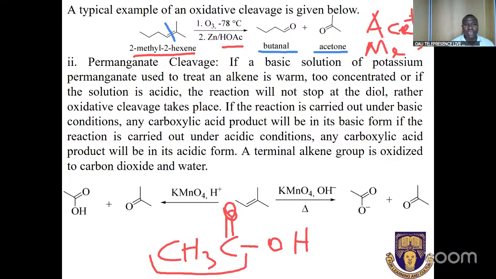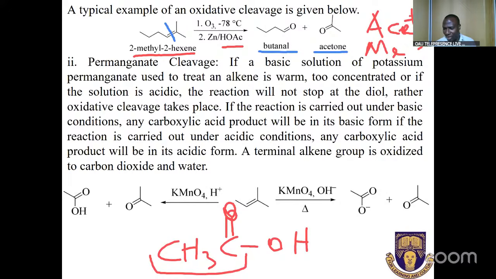When we are carrying out oxidative cleavage using reductive workup, what we are actually doing is cleaving the double bond and adding oxygen to one side, oxygen to the other. That's the easiest way I can help you follow this process.